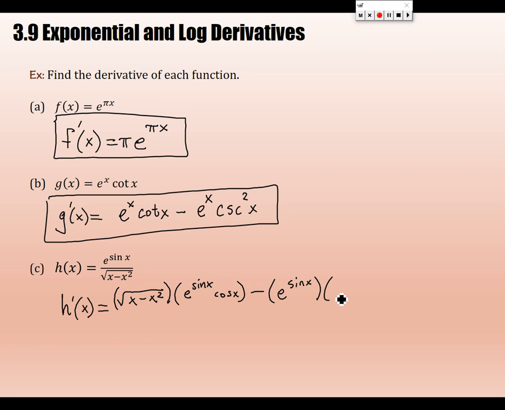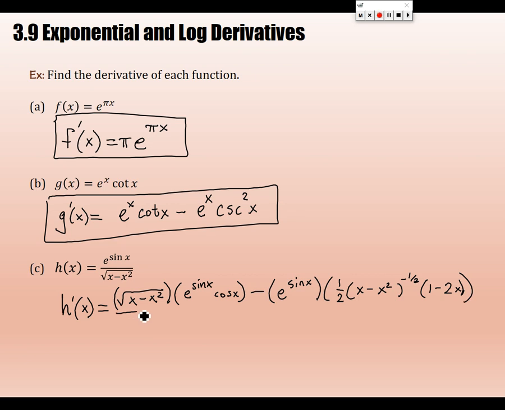Times, wait, let me think about this. Negative one... Just make it one half, parentheses, x minus x squared. So negative one half. And all over... 2x.